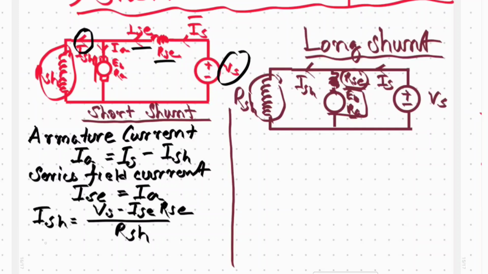Then supply voltage VS is equal to EB plus IA RA plus ISE RSE.